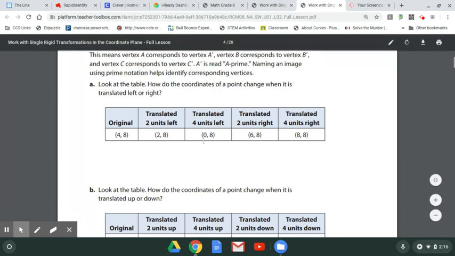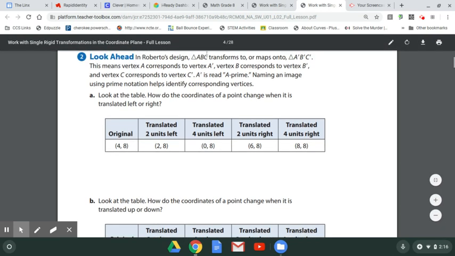In Roberto's design, triangle ABC transforms to, or maps onto, A prime, B prime, C prime, the image of ABC. This means that vertex A corresponds to vertex A prime.